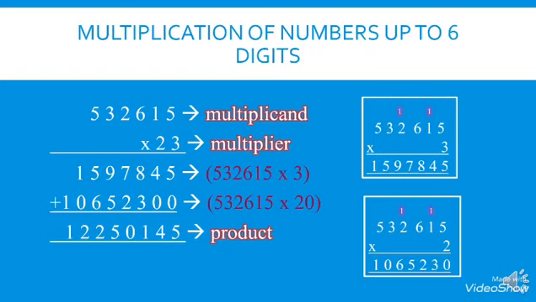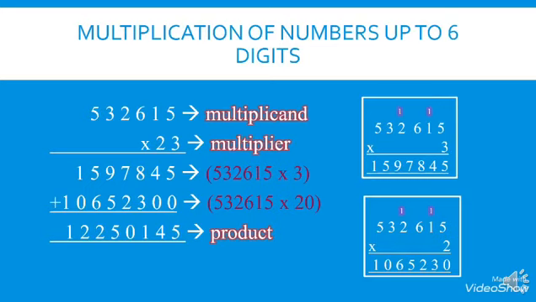Now we move to multiplication of numbers up to 6 digits with 2 digit and 3 digit numbers. Here we have to multiply 532,615 with 23. First of all, as you have learned in previous classes, you should know, dear students, the number which is to be multiplied is called the multiplicand.